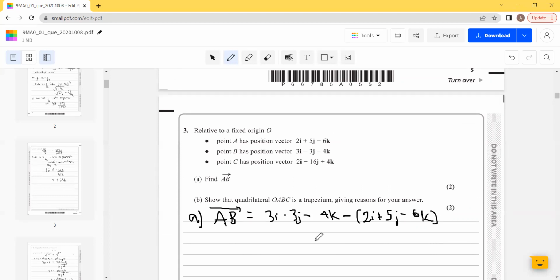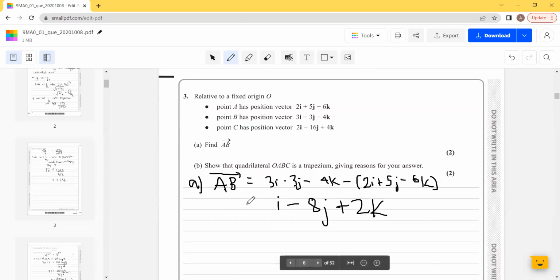So if you simplify this, 3i minus 2i is i, minus 3j minus 5j is minus 8j, and minus 4k minus 6k... minus 4k plus 6k, so it's plus 2k, and that's AB.